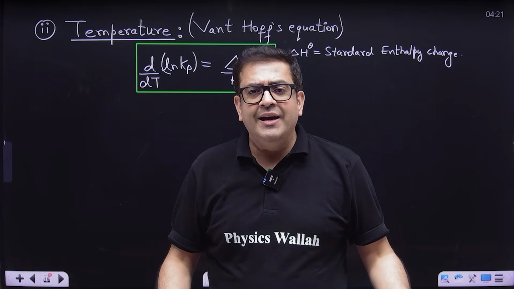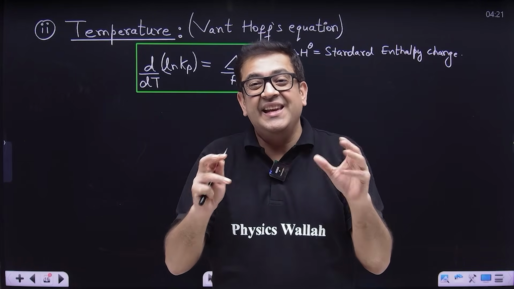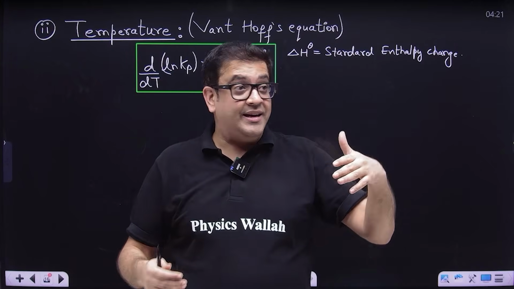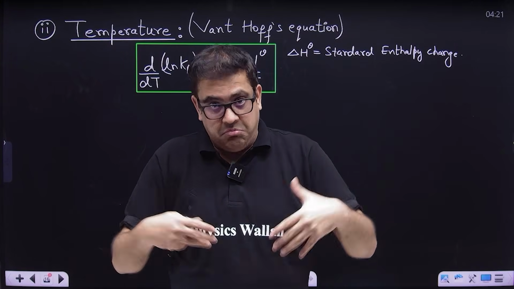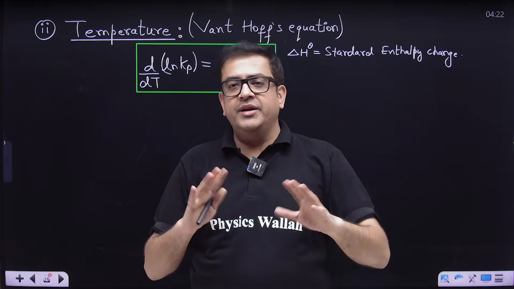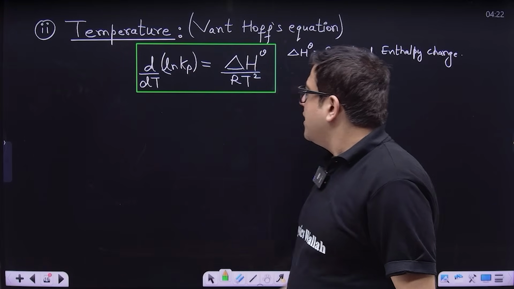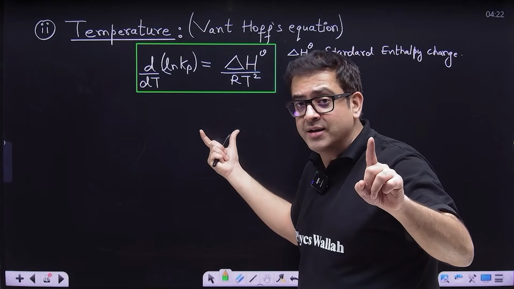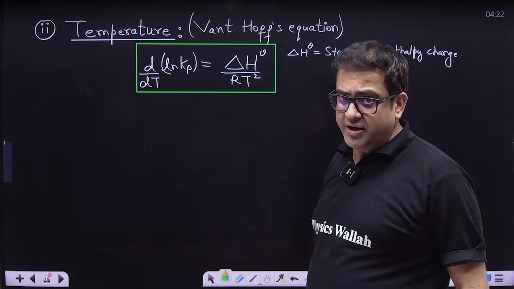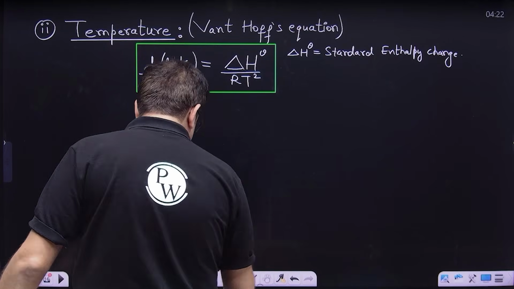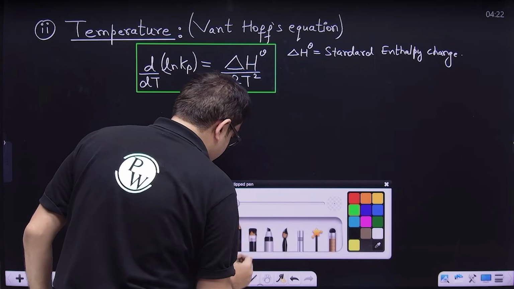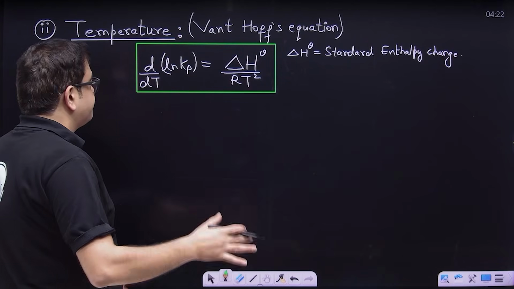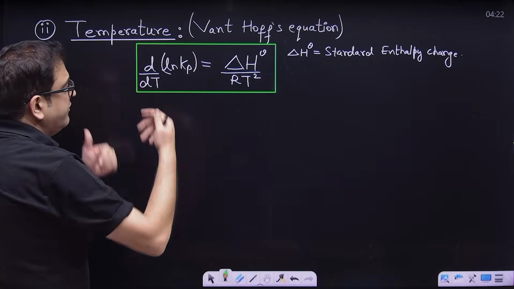I'm introducing delta H. It is enthalpy change, basically heat change. Whenever a reaction is exothermic, delta H is negative. If the reaction is endothermic, delta H becomes positive. This delta H is divided by RT squared. R is the universal gas constant, T is temperature in Kelvin. We know this very beautiful and very famous relationship. All these slides are questions, my friends. Now, can we integrate them?